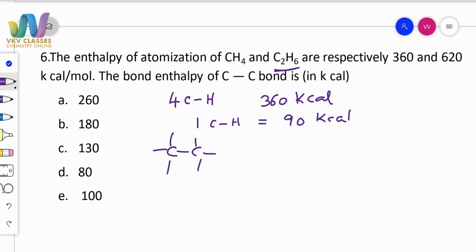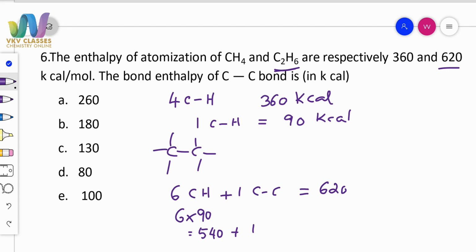Then, the second compound, C2H6, contains 6 C–H bonds and 1 C–C bond, and the total enthalpy is 620 kilocalories. 6 C–H bonds will have 6 into 90, that is equal to 540, plus the bond enthalpy of C–C bond.